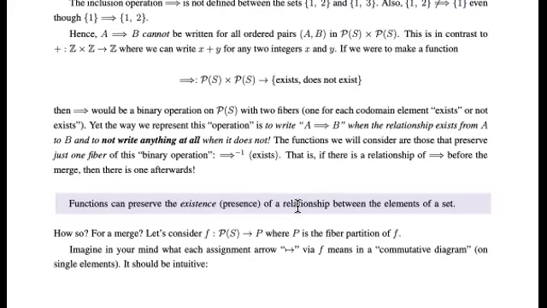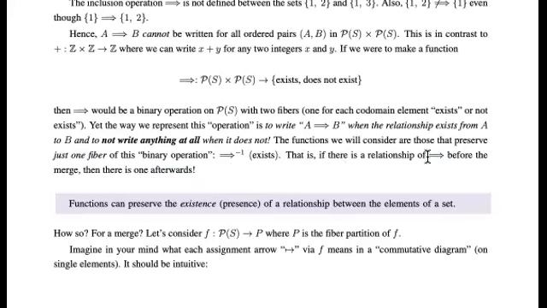However, what we're going to be doing is looking at functions that preserve one fiber of this binary operation: the fiber over the image exists. Meaning if this relationship exists before the merge, then there is one afterwards. We'll see some examples of that on the pages that follow.